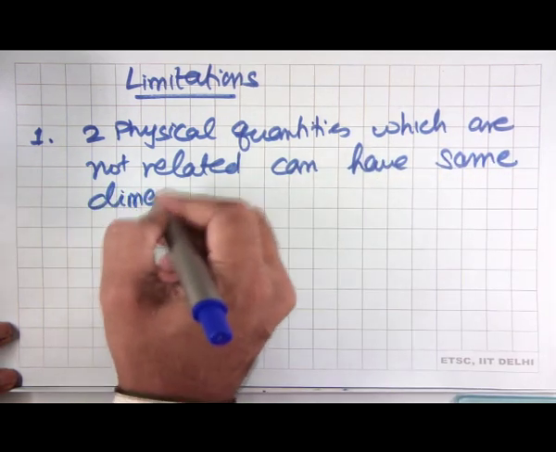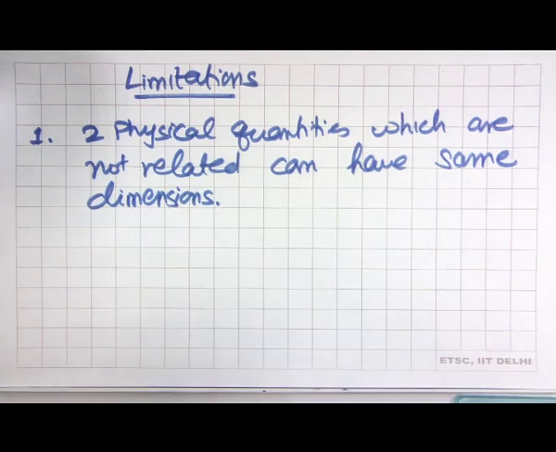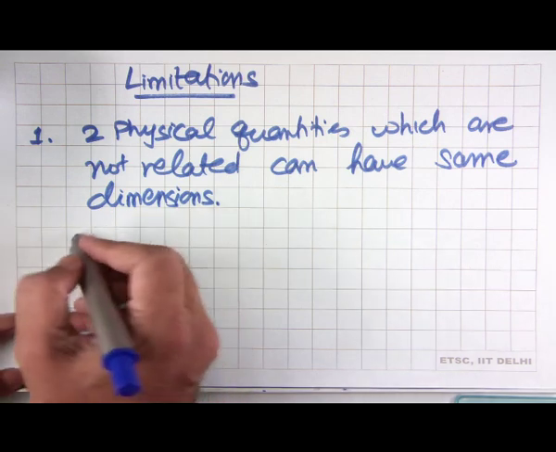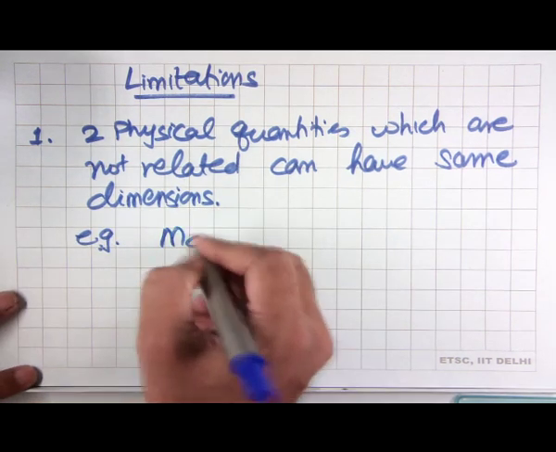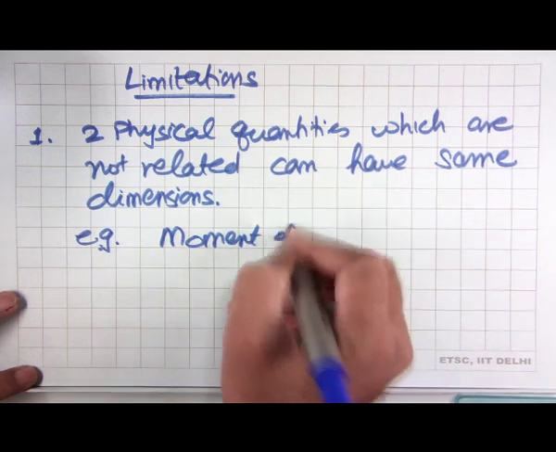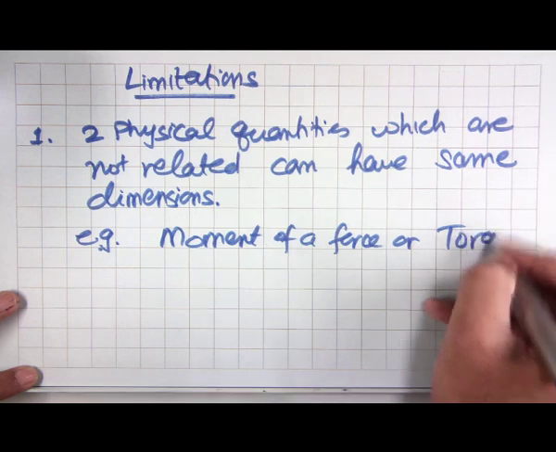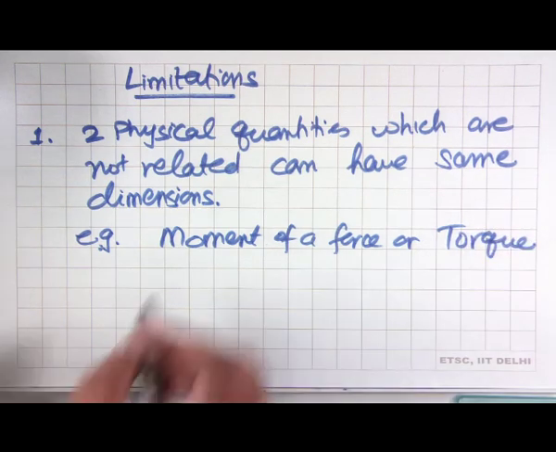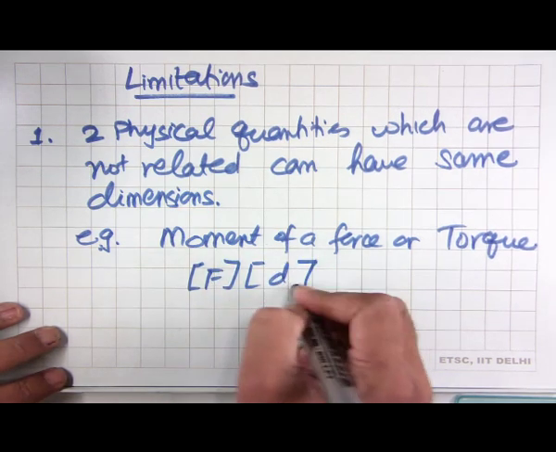And as far as dimensional analysis goes, it will treat both the quantities as the same. Let us give a very simple example of this. When we talk of the moment of a force, or torque, this is the dimension of force times distance.